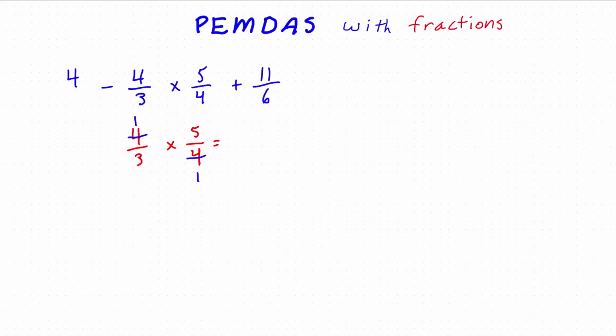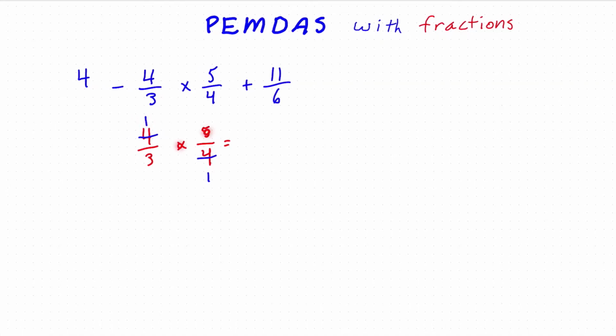Then we're going to look up and down. 1 and 3, no. 5 and 1, no. So now we can multiply straight across. We get 1 times 5, which equals 5 on top, and then 3 times 1 on the bottom. We get 5/3. So that part of the process is done.